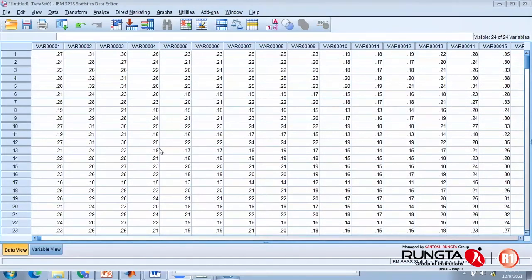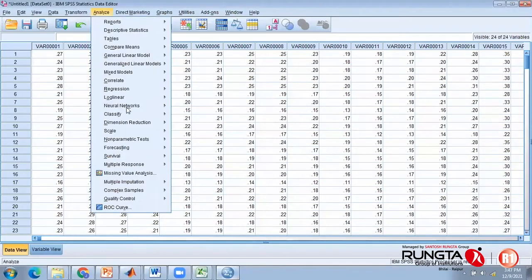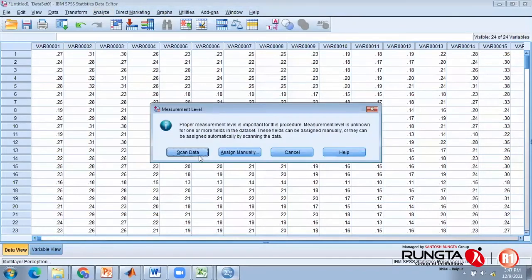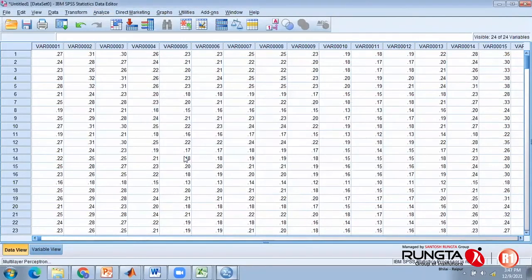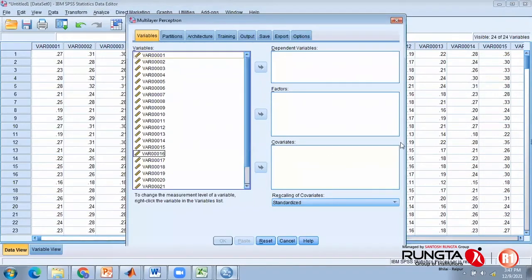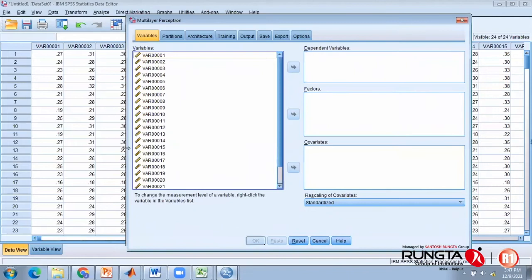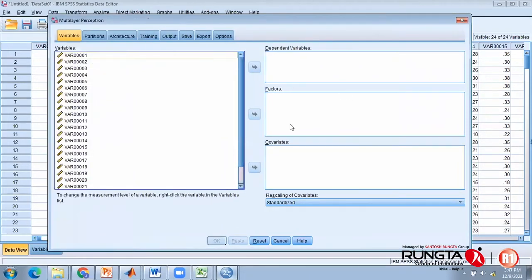What we do is go to Analyze, Neural Network, Multilayer Perceptron. Let me scan the data. Scanning is pre-processing of the data. This window will appear, which will ask you for dependent variables, covariates, and factors. If it is a categorical variable, then factors, otherwise covariates.